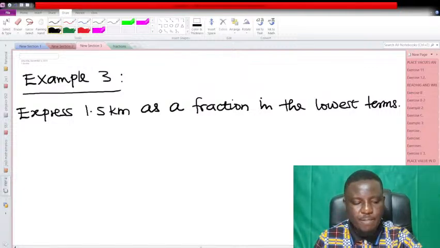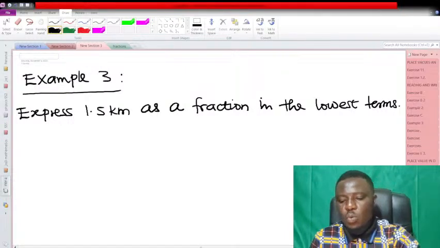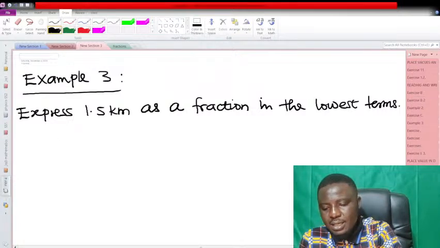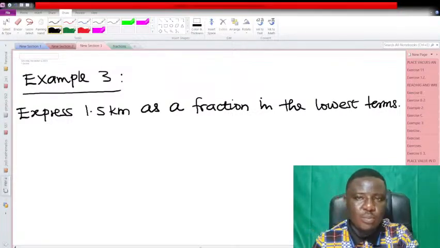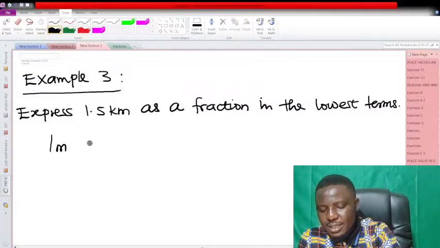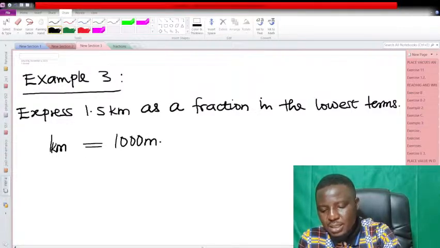In example 3, we are asked to express 1.5 kilometer as a fraction in the lowest term. What you have to do, remember we said, as a fraction, you have to convert it to meters. For we have it that 1 kilometer is equal to 1,000 meters.